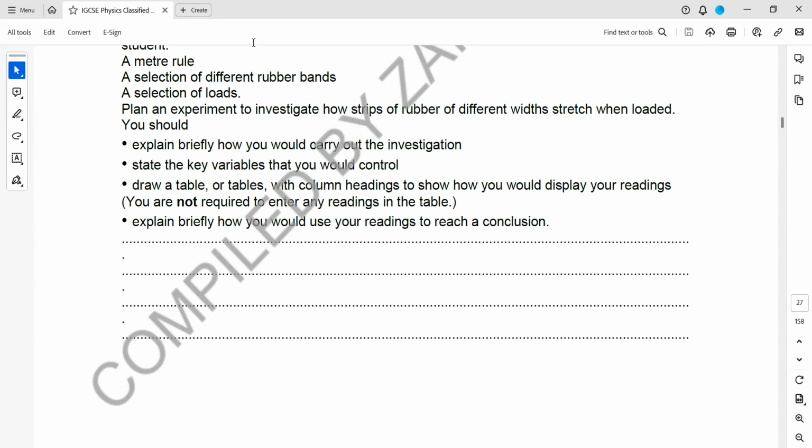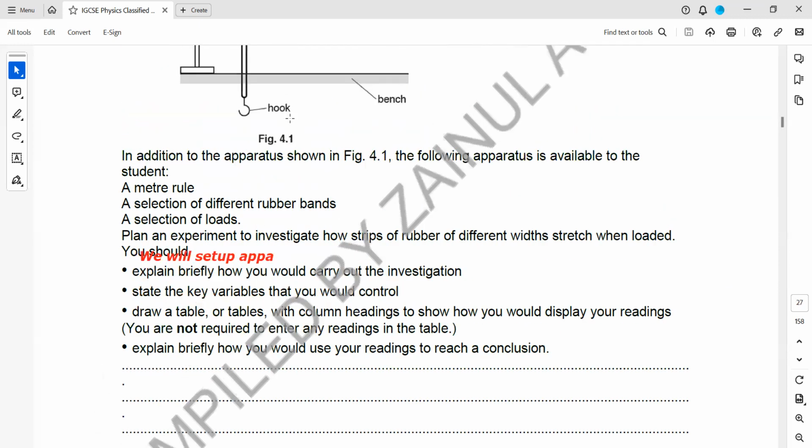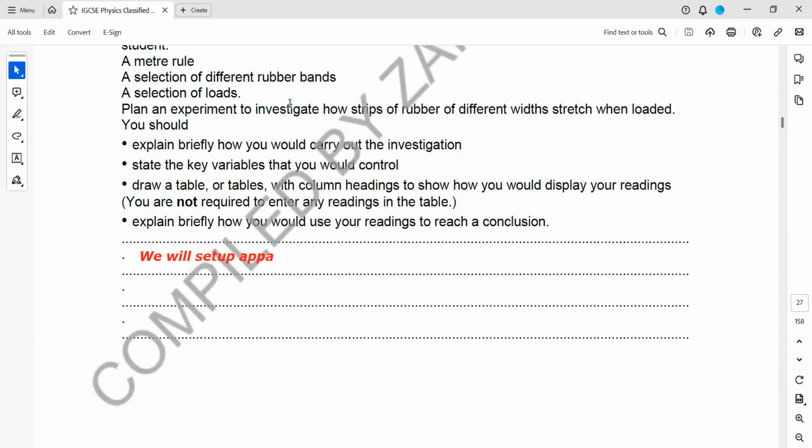So the first thing we will do, we will set up the apparatus as shown, as you can see, this figure is there.